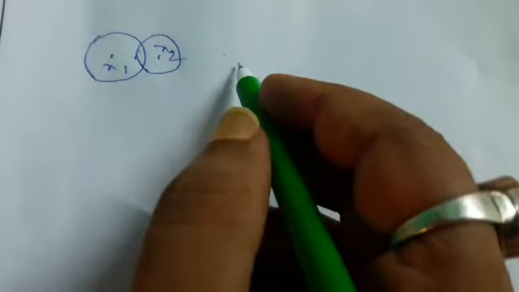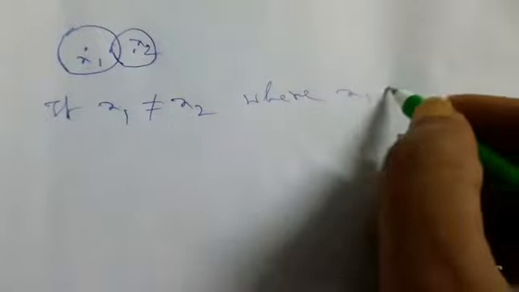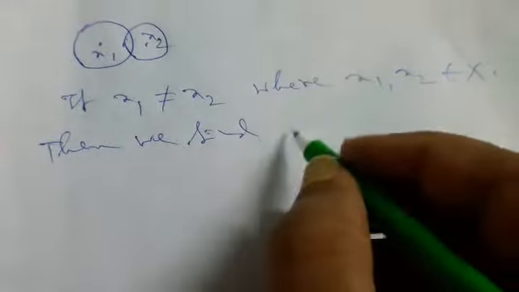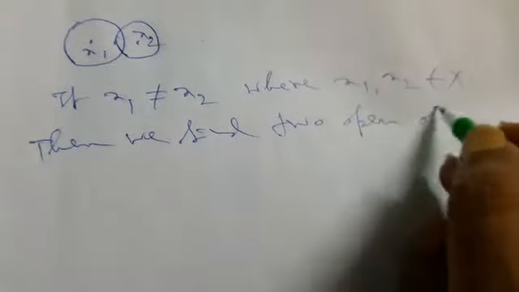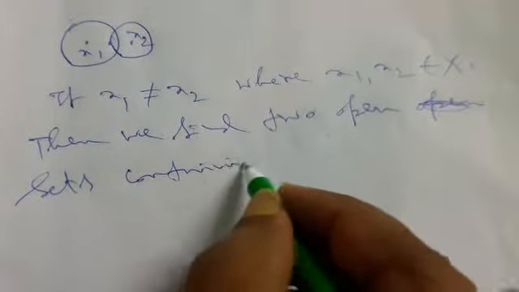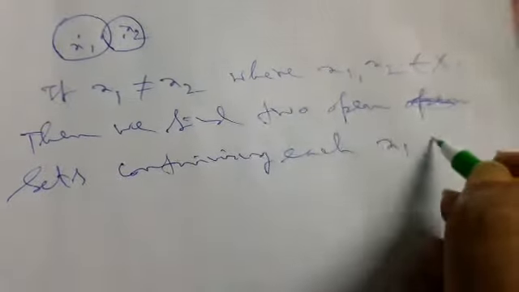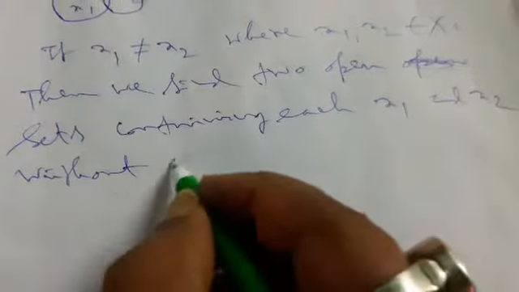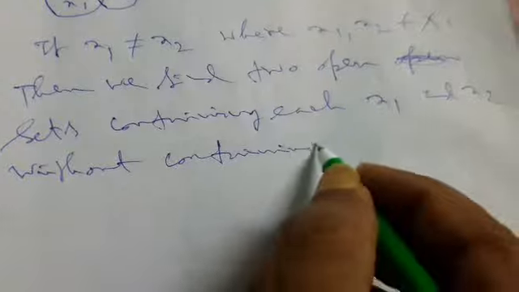If these two distinct points, that is x1 is not equal to x2, are in an arbitrary space (X, tau) with the topology, then we find two open sets from the figure containing each of x1 and x2 and without containing the other. This is our main concept.